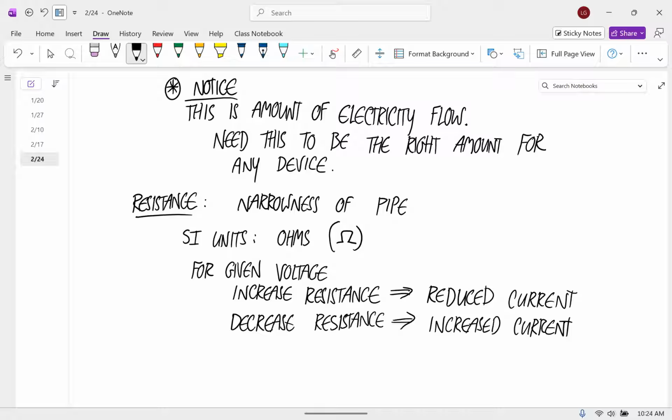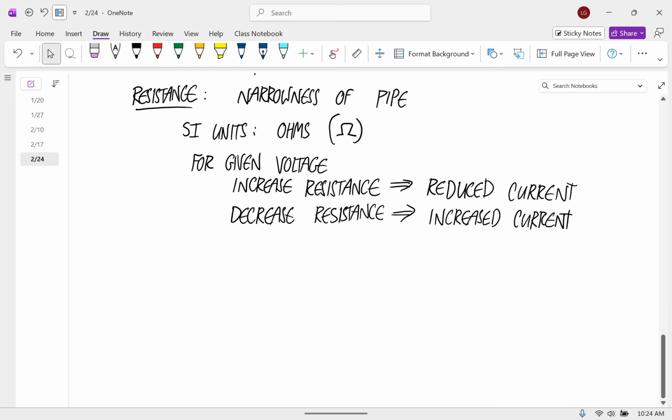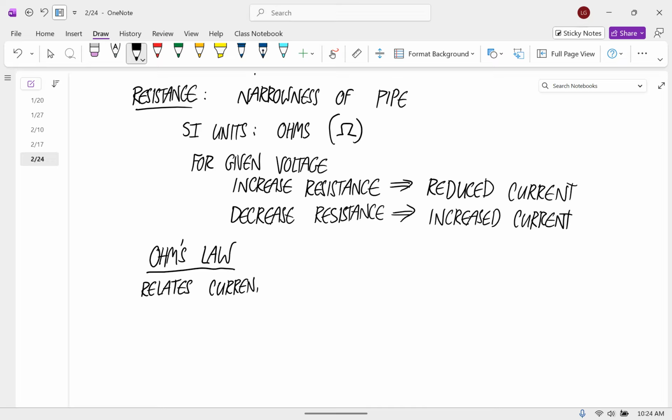These three main quantities, voltage, current, and resistance, fit together in an equation called Ohm's law. So this relates current, voltage, and resistance.